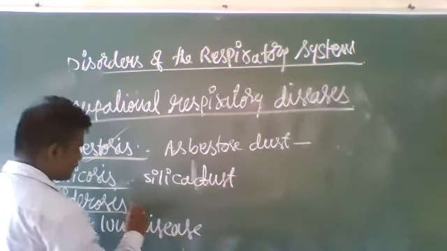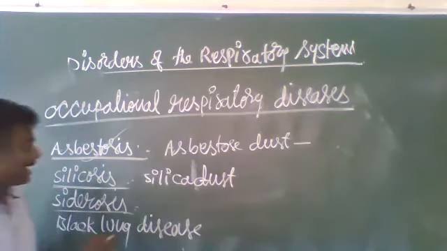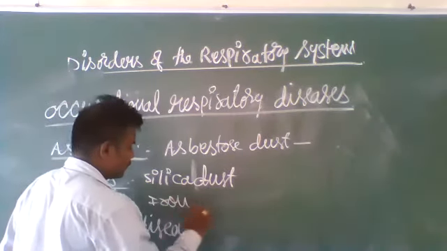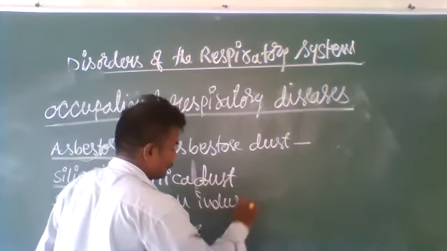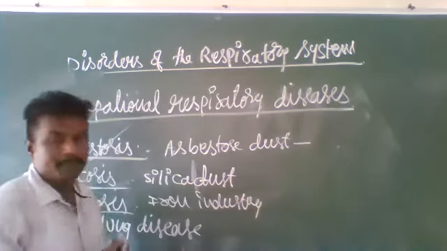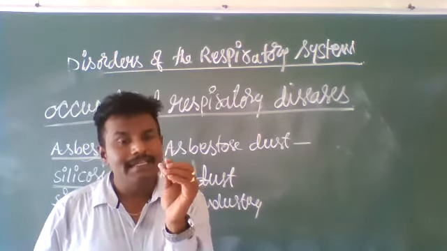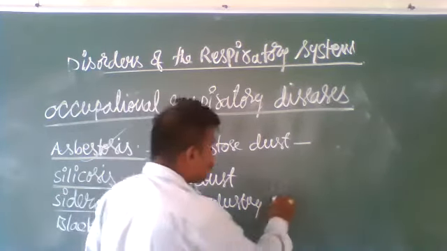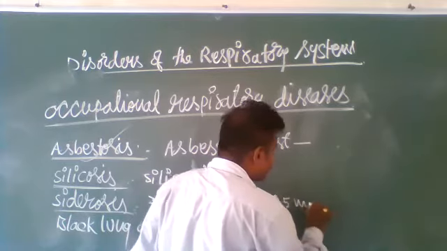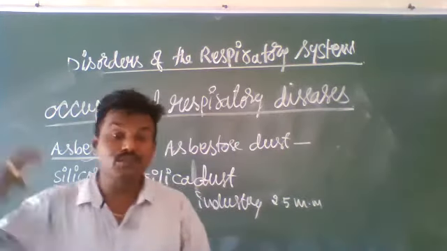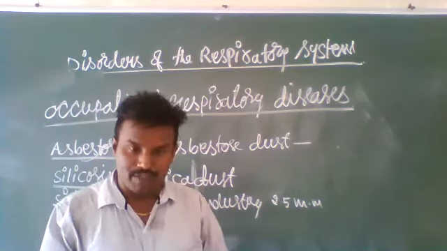Next is siderosis. The people who are working in iron industry. At that time, automatically, from the industries, particles less than 2.5 micrometer are released and mixed into the environment.